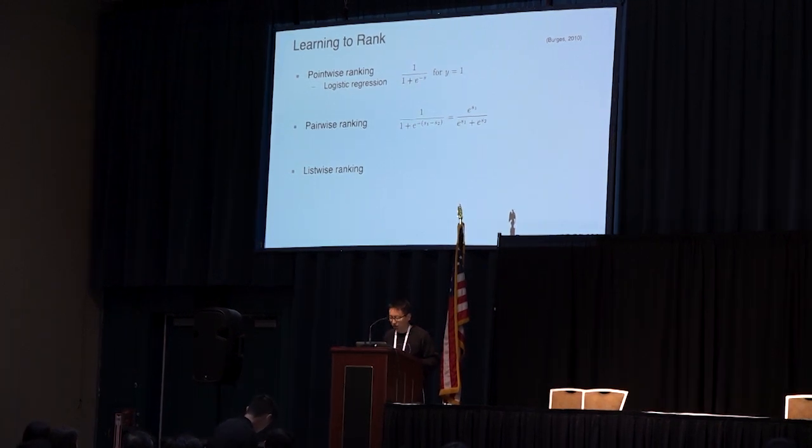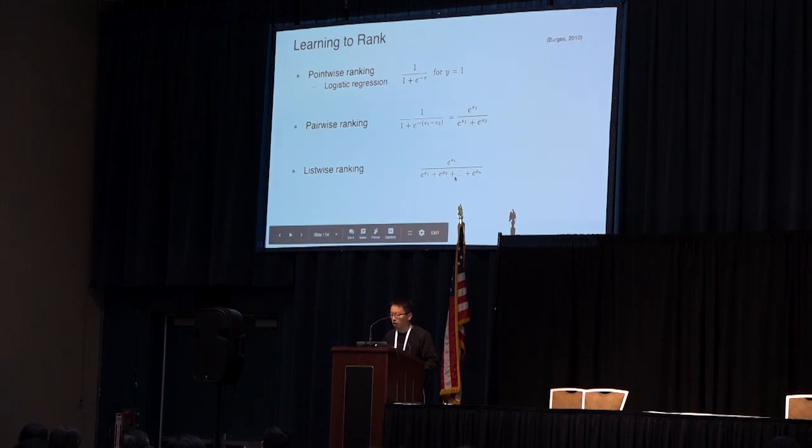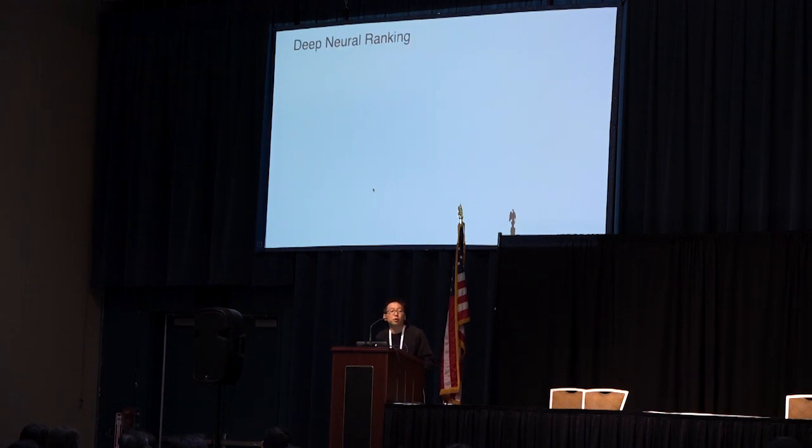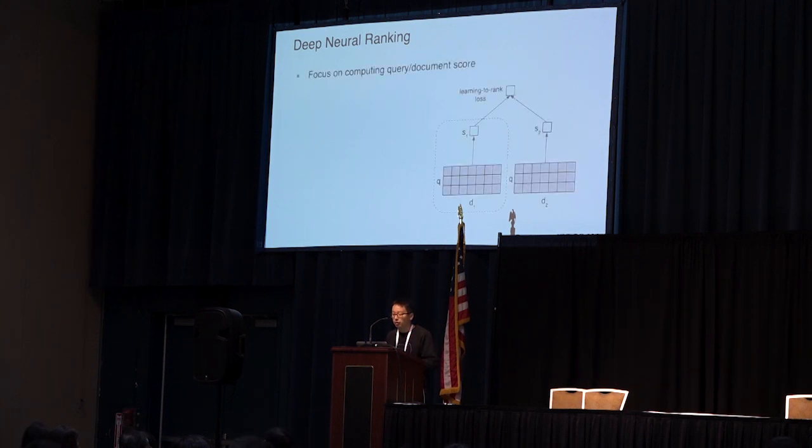So the listwise ranking objective actually takes a very similar form of the pairwise ranking, except that the denominator has all the documents, and then you can multiply it by the label, and this is basically a cross entropy function.